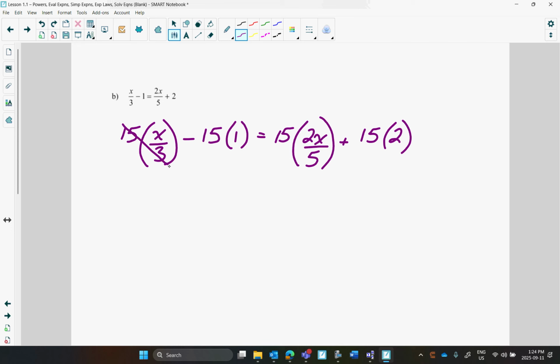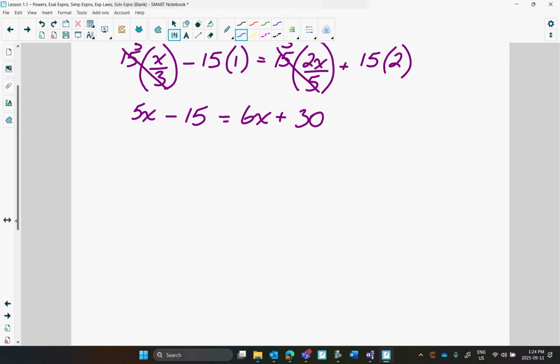Negative 15, yeah. 15 divided by 5, and I still have to times that by 2x. 6x plus, and then 15 times 2 gives me 30. So the fractions are gone. It looks like one of the equations we've already solved.